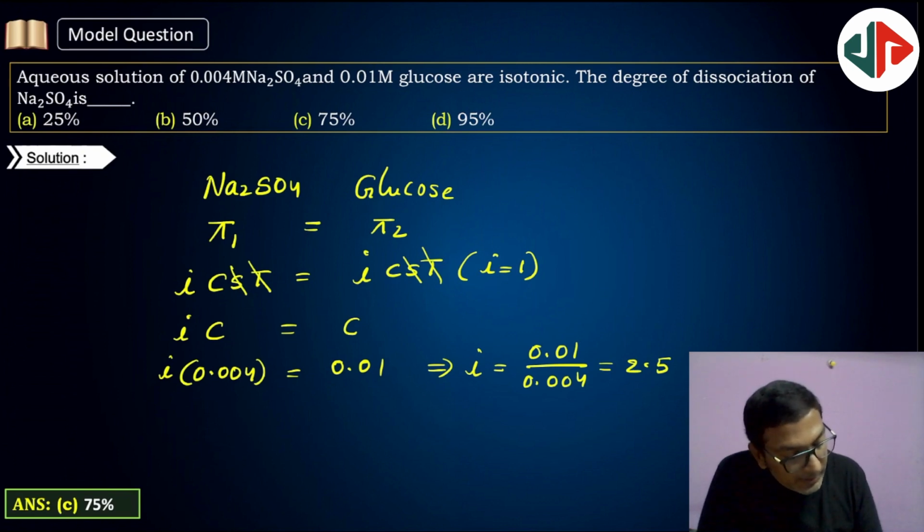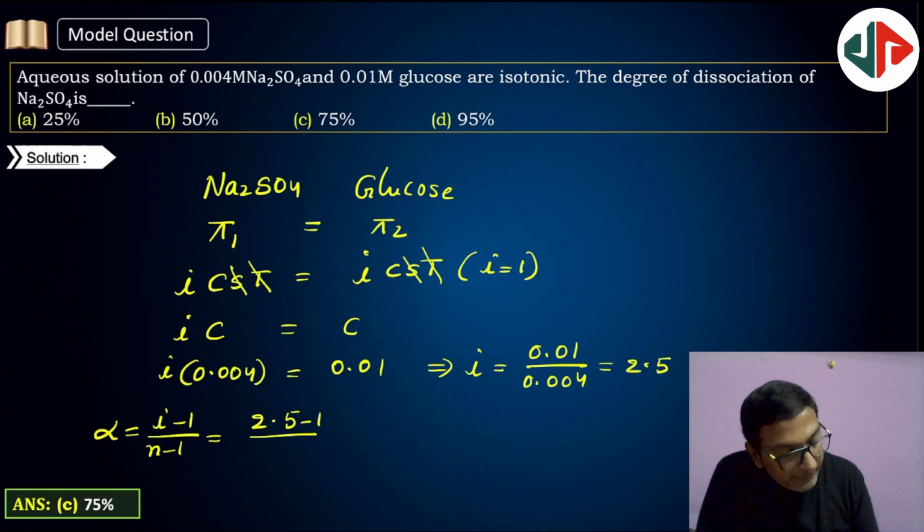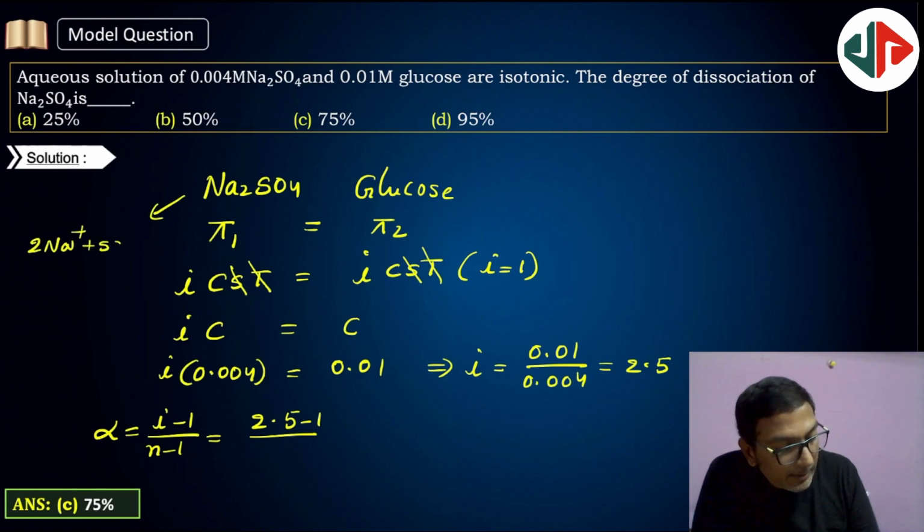In case of dissociation, alpha equal to (i minus 1) by (n minus 1). So (2.5 minus 1) by (n minus 1). For Na2SO4, 2Na plus and SO4 2 minus, so n value is 3 particles.